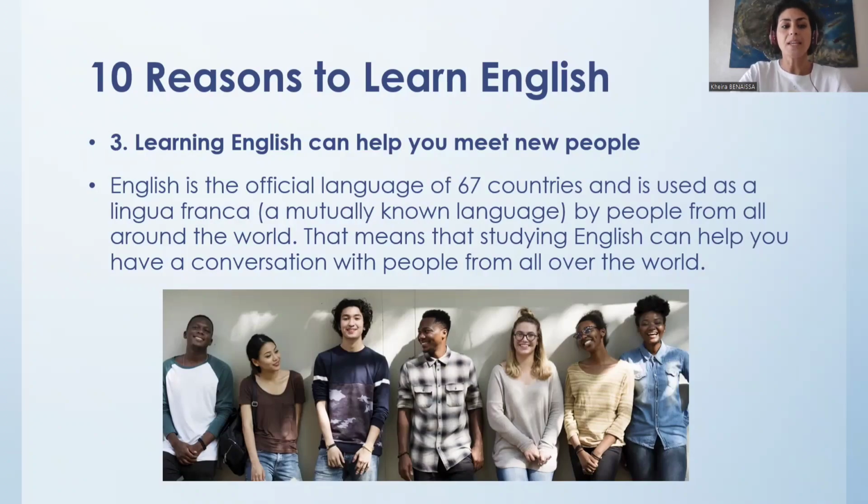English is the official language of 67 countries, and it is used as a lingua franca, which is a mutual known language by people from all around the world. That means that studying English can help you to have a conversation with people from all around the world, in person or via internet.